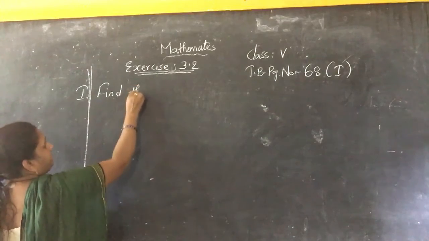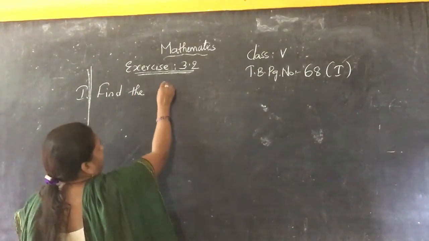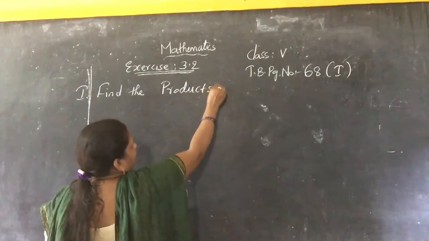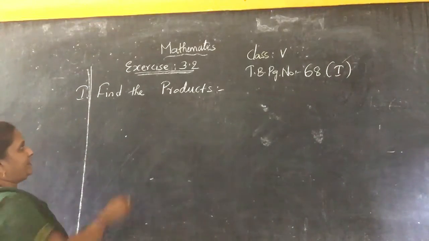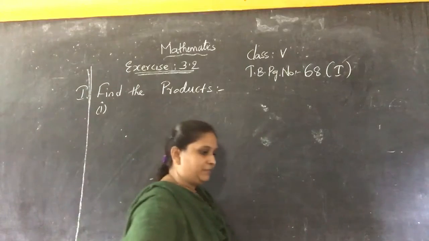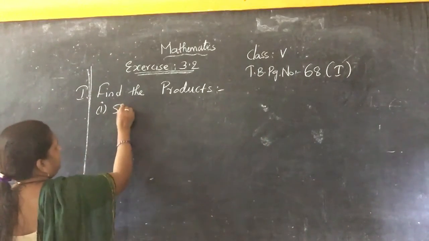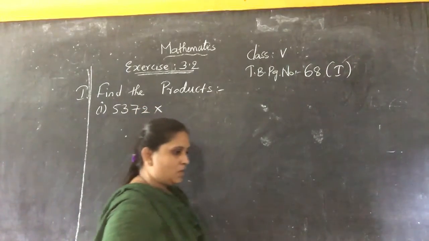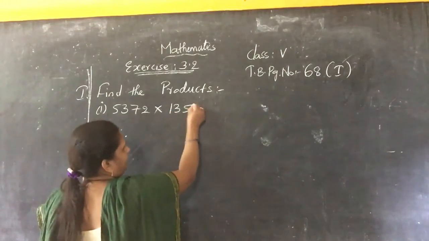Find the products. Okay, find the products and write the first one. Same, write along with me. 5372 into 135.